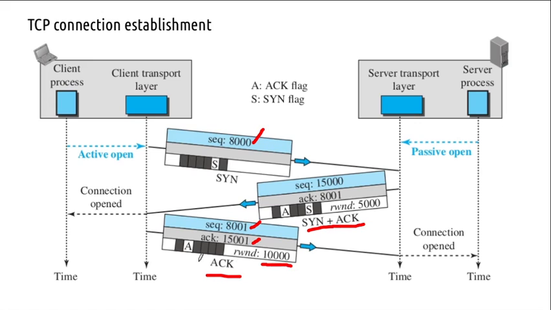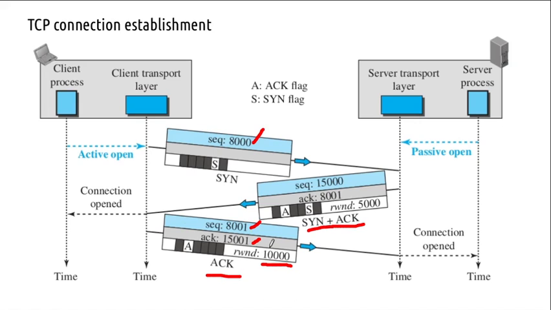Usually this ACK segment does not contain any bytes. But in some implementations of TCP, the first data bytes are sent along with this. In that case, it will consume more than one sequence number. Suppose 10 bytes are sent along with this, so the next sequence number will be 8011, right? 8011 will be the next sequence number of the segment sent from the client side.